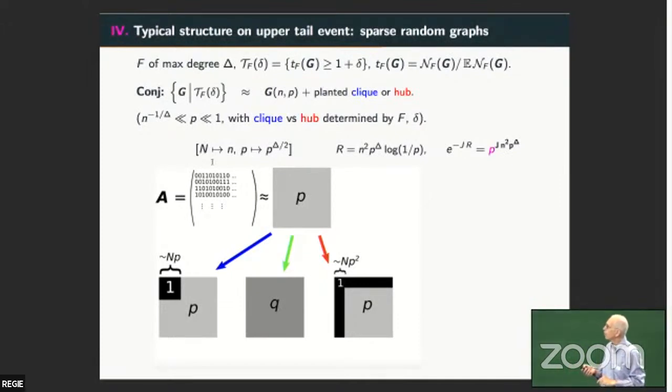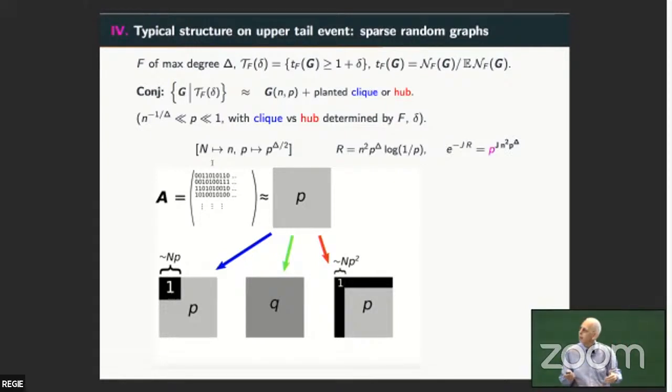And if you want to understand where the scaling comes from, it's very simple. If you want, for example, here to produce the right number of excess things, you will need to put here little n times p to the delta over 2, times little n times p to the delta over 2, times a constant.